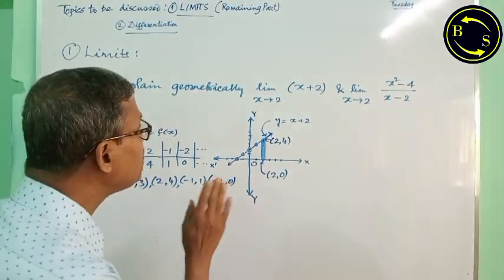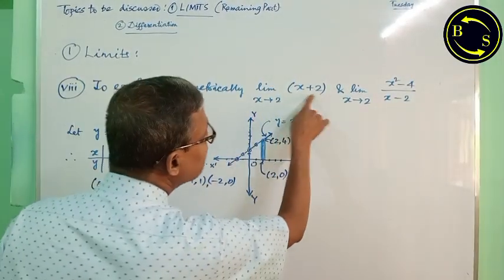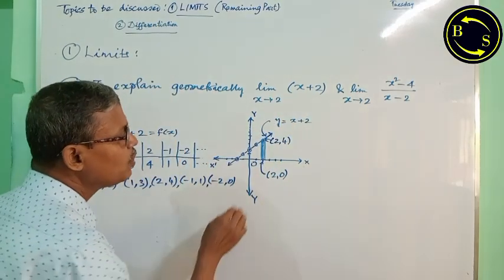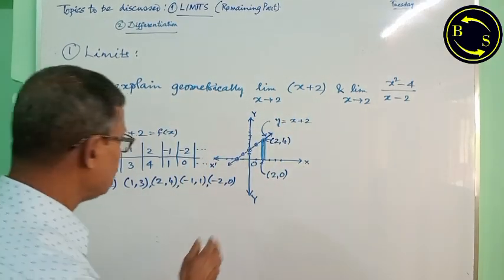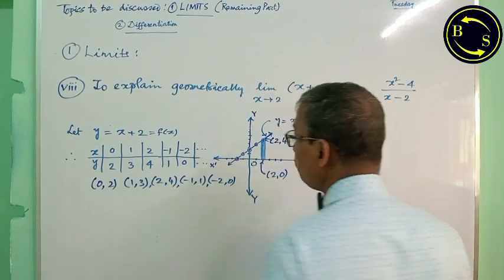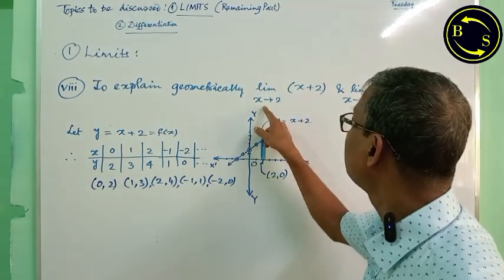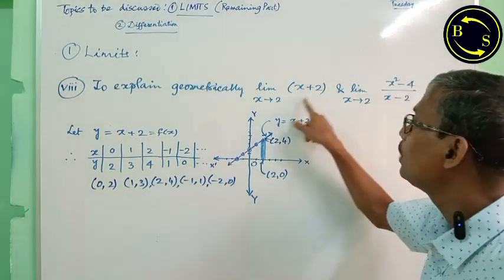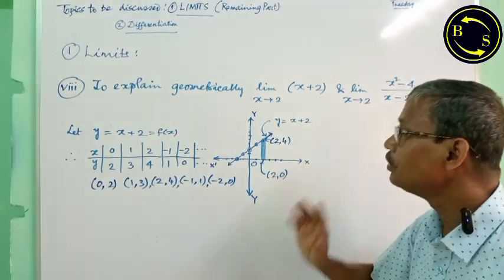That is why the limiting value of x plus 2 as x tends to 2 will be 4. Thus we have explained with the help of the graph that the limiting value of x plus 2 as x tends to 2 is equal to 4.